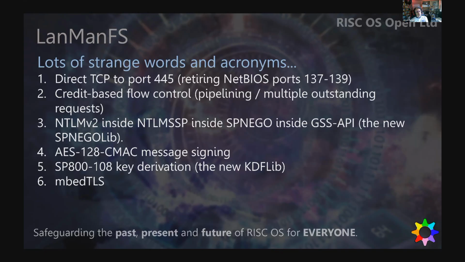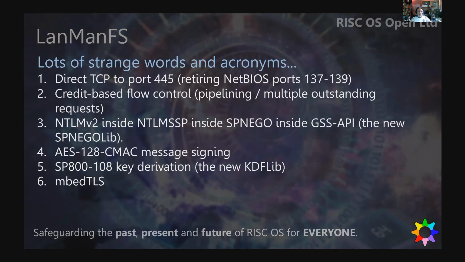And I've also made use of some of the other work that's happened in the past in RISC OS, like ARM's embed TLS port that we moved over to RISC OS some years ago. I'm now actually able to reap the benefits of all that hard work, because that was fundamentally required by LanMan's new protocol support.